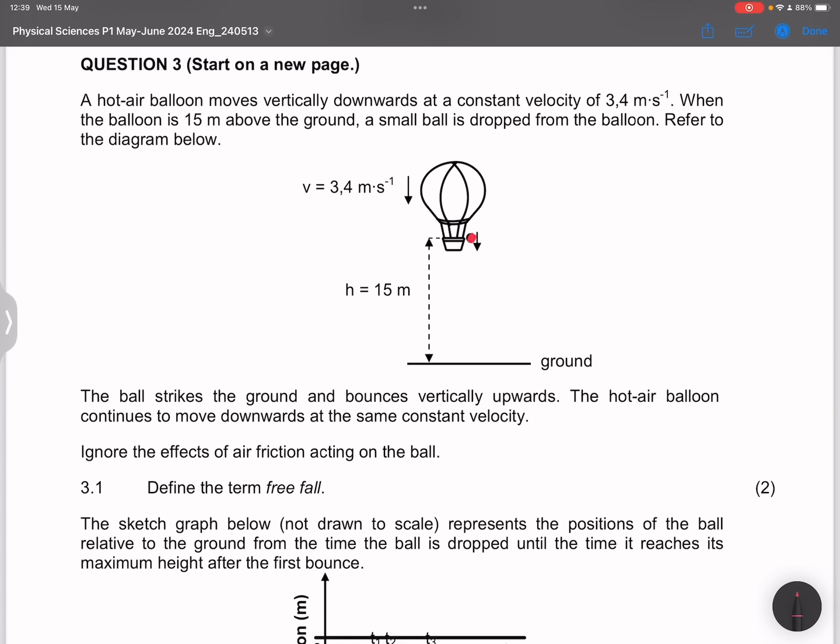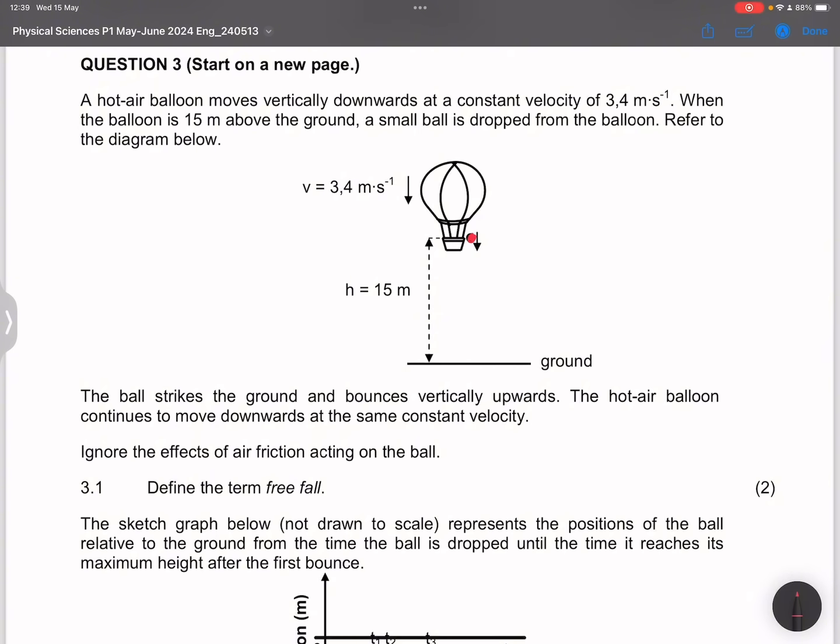Okay, so jumping into question number 3. They say we've got a hot air balloon that moves vertically downwards at a constant velocity of 3.4 meters per second. When the hot air balloon is 15 meters above the ground, a small ball is dropped from the balloon. They say refer to the diagram below. We can see there's our small ball there, I've tried to highlight it in red.